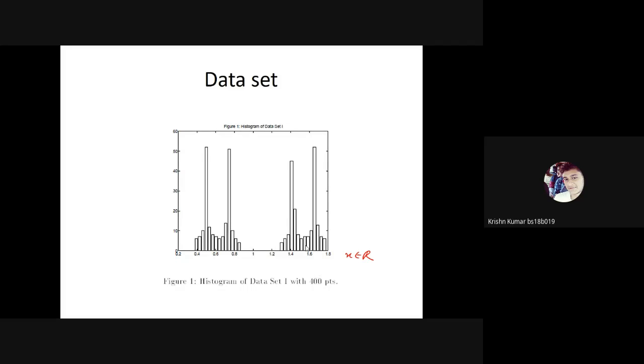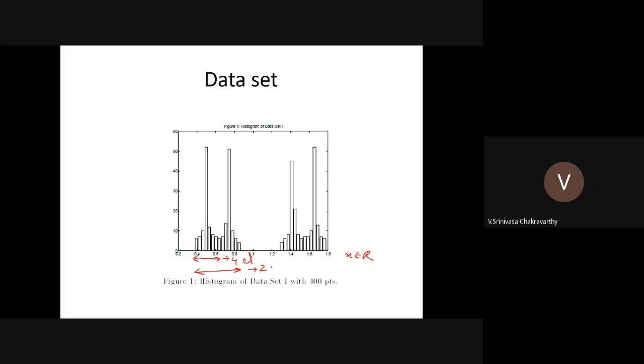Very good. We can see there are four clusters, there are 8 clusters, 10 clusters. So if I take the scale as something like this, I'll have 4 clusters. If I take the scale as something like this, I'll have only 2 clusters. Okay.